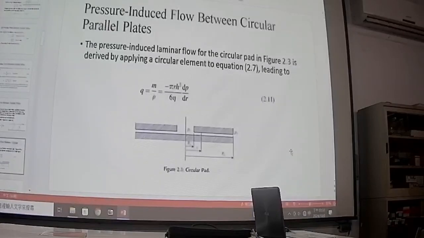So this is another formula for the circular area.